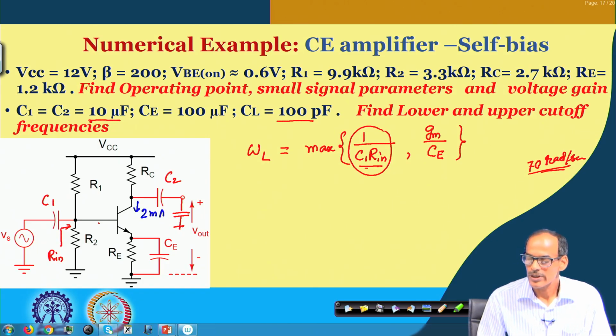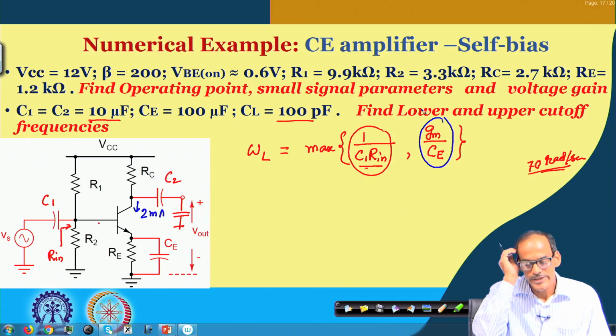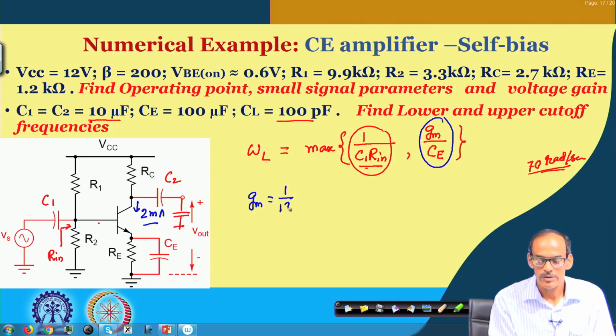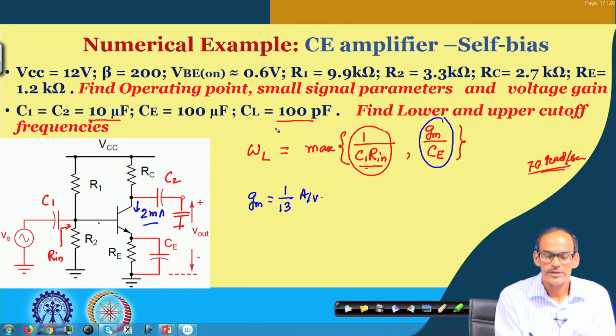Now, let us calculate the numerical value of this gm divided by CE part. gm for IC equals 2 milliampere is 1 by 1.3 ampere per volt, and CE is given here.